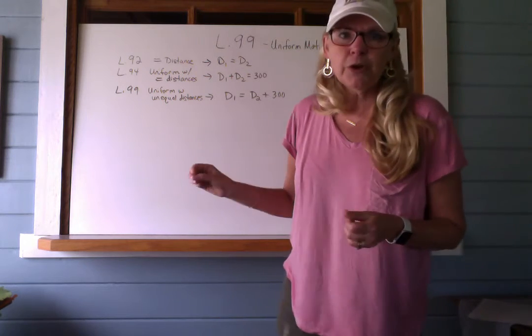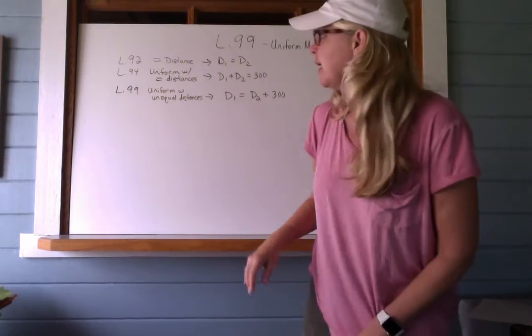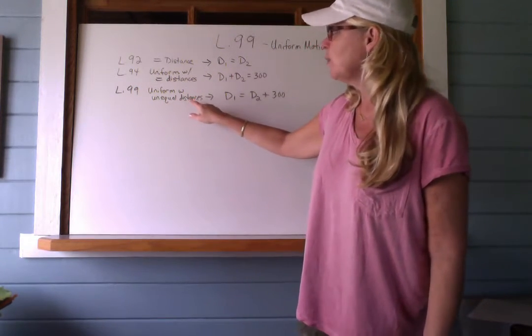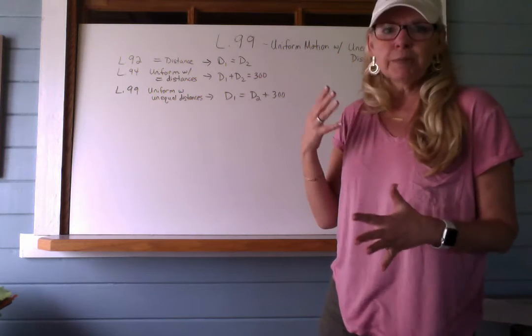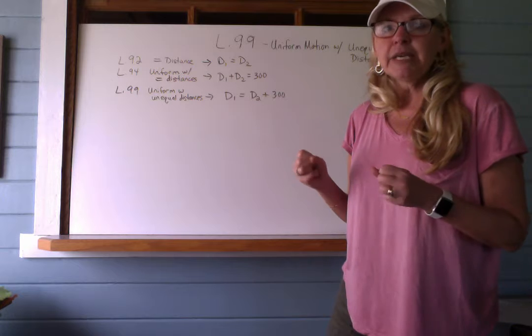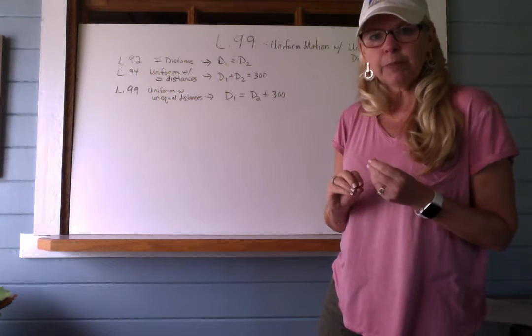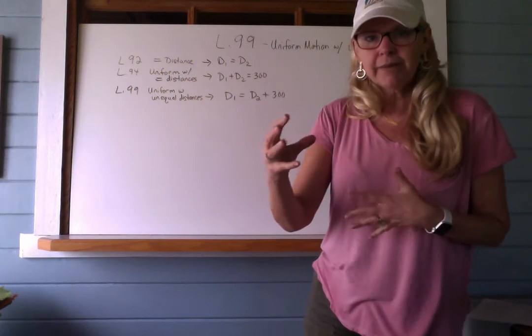Last but not least, the third style we're going to teach here in this book is from this lesson 99. It's called uniform motion problems with unequal distances. Unequal. Okay, so that means one's going to be ahead of the other. These are a little bit tougher. The times sometimes are a little bit harder to figure out because one maybe jumped ahead of the other.